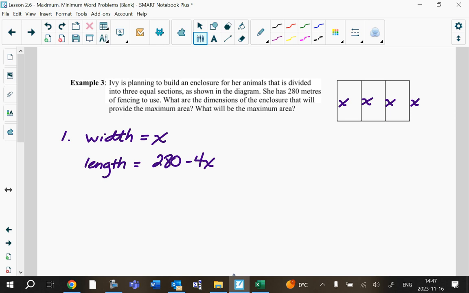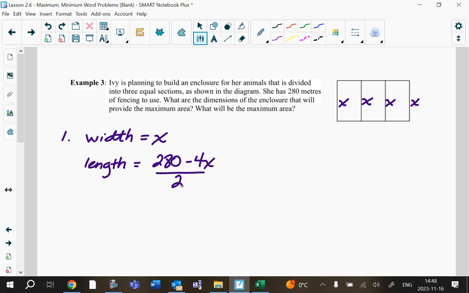That leaves me this and this, 2 lengths, doesn't it? These 2 represent 280 minus 4x. But I only want one of them. Are these not the same? No. If both of these add up to 280 minus 4x, how do I find just one of them? Divide by 2.